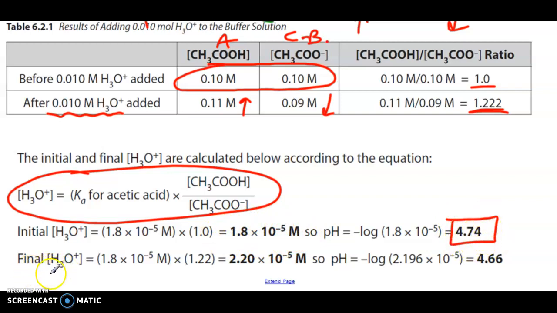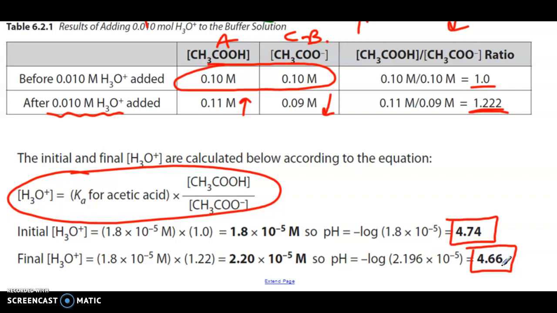After adding in that small amount of acid, we're now multiplying it by our new ratio. So that's going to change our concentration. It should make sense that it is a bit bigger because we have more hydronium that was added in. And our pH went down a little bit, which again makes sense because we added in a small amount of strong acid. It should go a little bit lower.